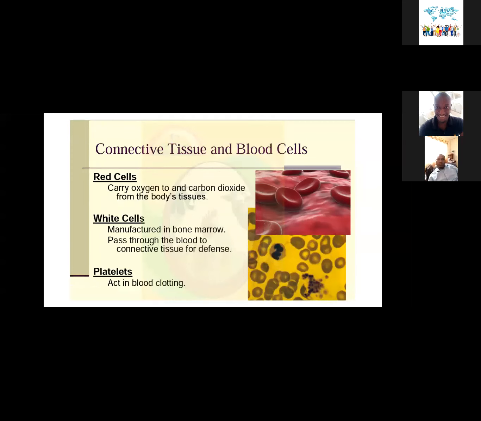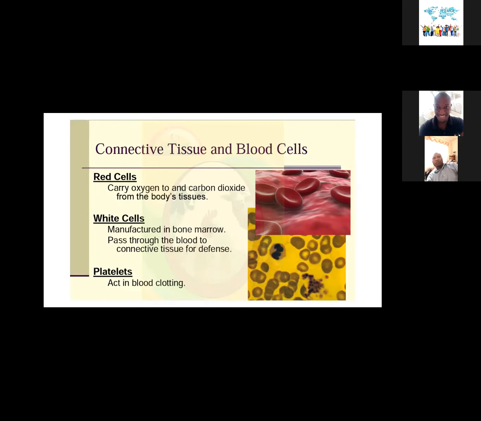What are the red blood cells? Firstly, these ones carry oxygen to and carbon dioxide from the body's tissues. Then we've got white cells, which are manufactured in the bone marrow and pass through the blood to connective tissue for defense. So basically, the ones that are carrying oxygen and carbon dioxide to and from are basically taken to the connective tissue as well.